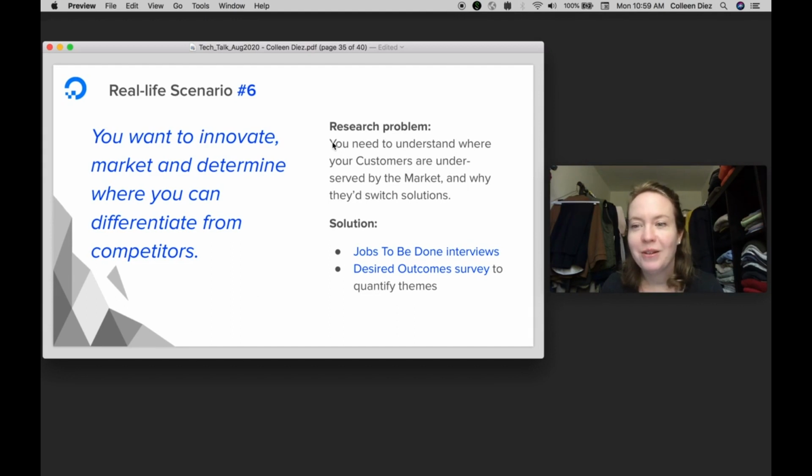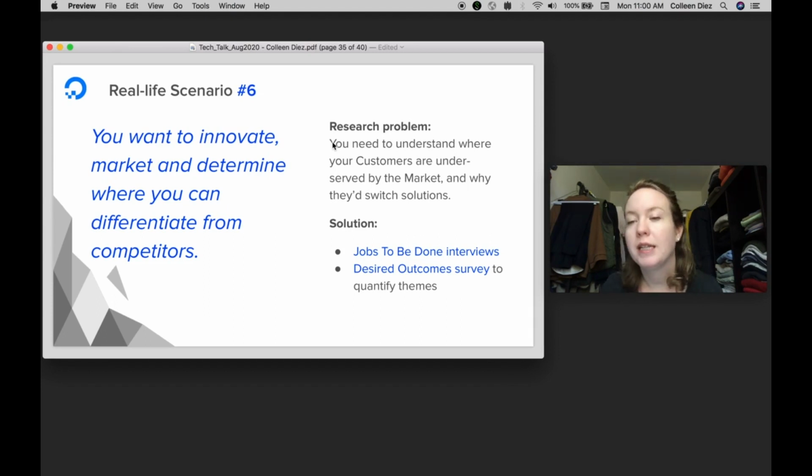So here's another real life scenario. Let's say you actually want to innovate and market and determine where you can differentiate from your competitors. This is something that comes later in the process. These are sometimes for teams that have already launched an MVP that's doing really well.